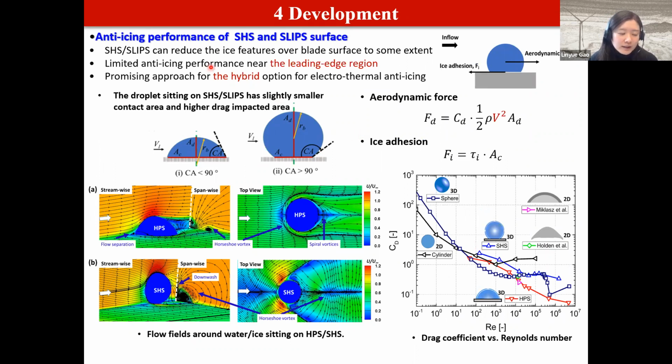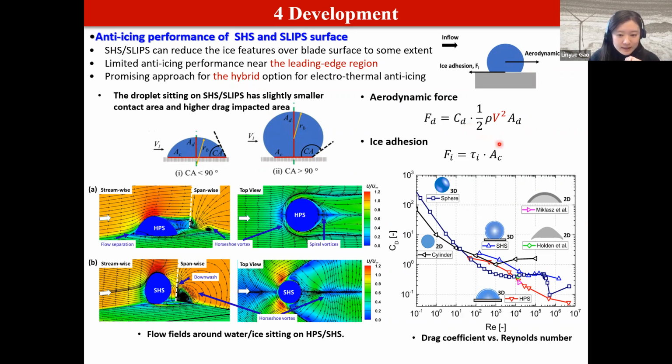However, they have very limited anti-icing performance near the leading edge region, because near the leading edge region the aerodynamic forces are very limited. Near the leading edge, they are close to the stagnation points. There, the wind speed is almost zero, so the aerodynamic forces are too small to overcome the surface tension.